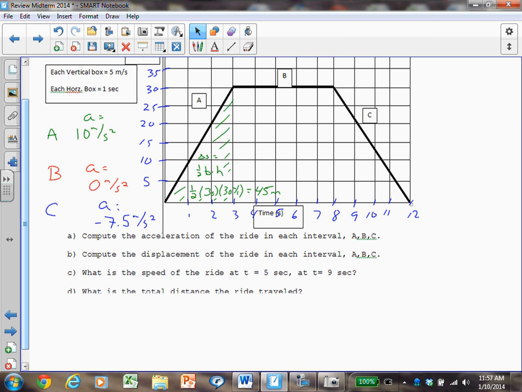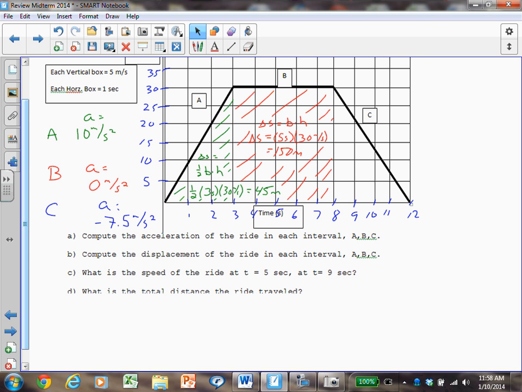For the red one, the shape is a rectangle. So delta S is base times height. Delta S is 1, 2, 3, 4, 5 seconds times 30 meters per second, or 150 meters. That's that area.